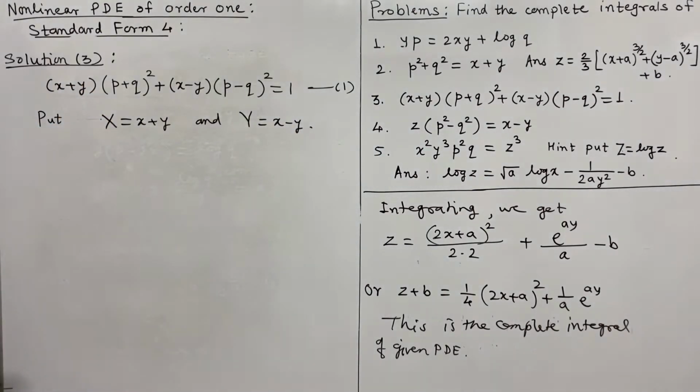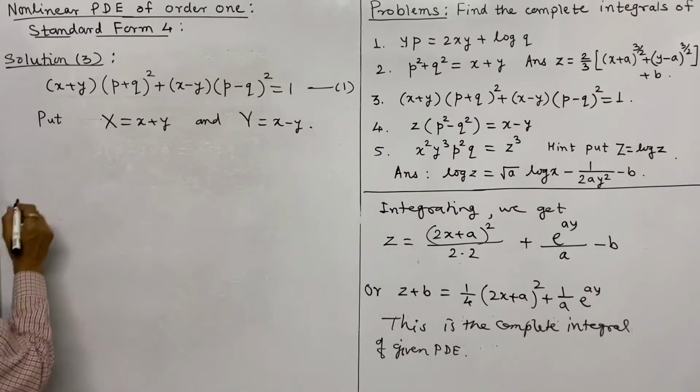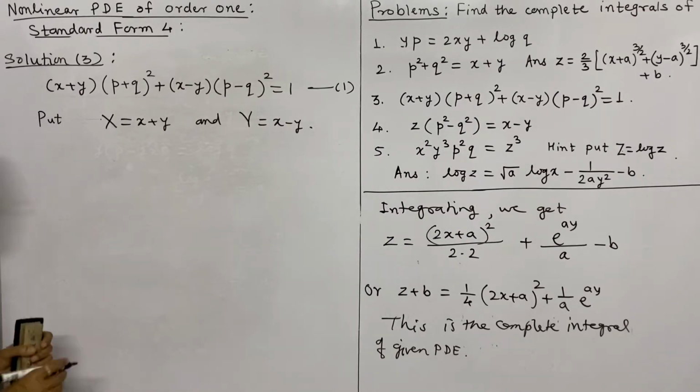And thus after using these values, what we have to obtain is the partial derivative of z with respect to x. That means small p and small q we have to obtain.